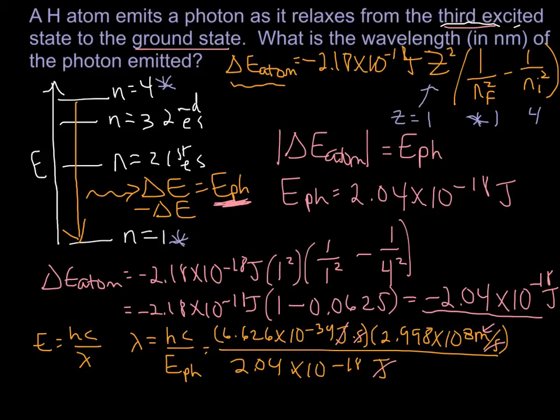Now I'm going to go to the next slide. Here's our wavelength in meters, from the calculation on the previous slide. Let's convert this to nanometers because the problem asks for the wavelength of the photon that is released in nanometers.